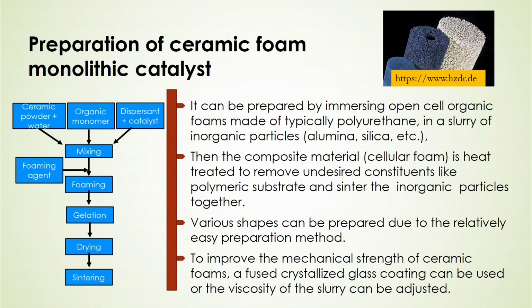In this case various shapes can be prepared due to the relatively easy preparation method. You get a composite material of the cellular foam that is heat treated to remove undesired constituents like the polymeric substrate and sinter the inorganic particles together.